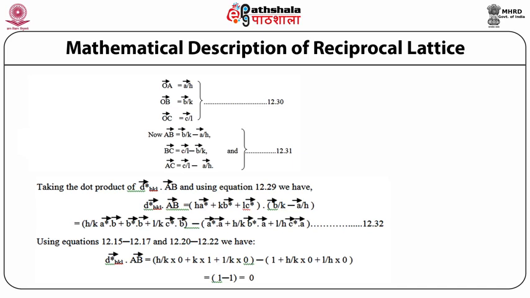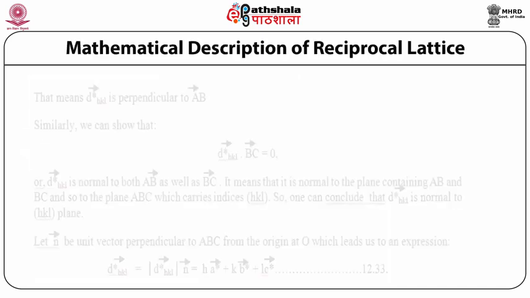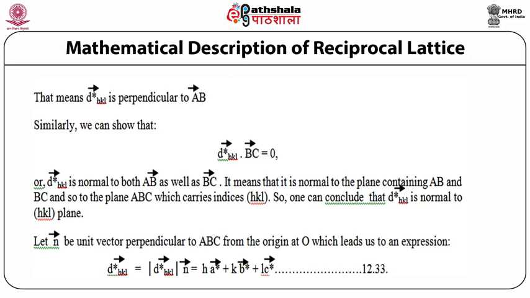That comes out to be equal to 0. That means d star hkl vector is perpendicular to AB vector. Similarly, we can show that d star hkl dot BC is equal to 0, or d star hkl is normal to both AB as well as BC.